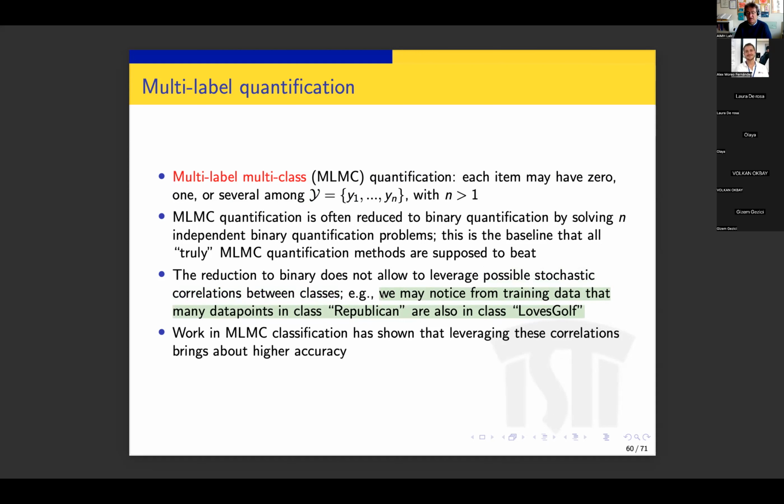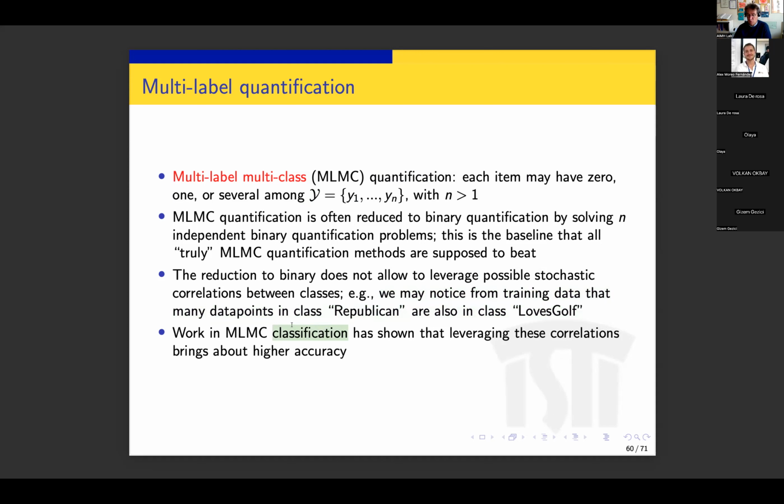And if you can exploit this correlation, you might build a better quantifier for class Republican, and a better quantifier for loves golf. So in multi-label, multi-class classification, it has indeed been shown that if you attempt to leverage these correlations in learning, you can obtain higher accuracy.